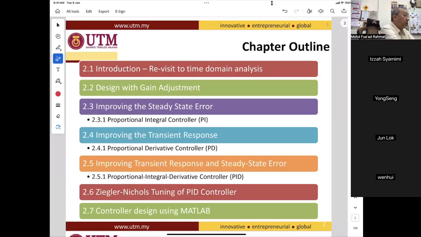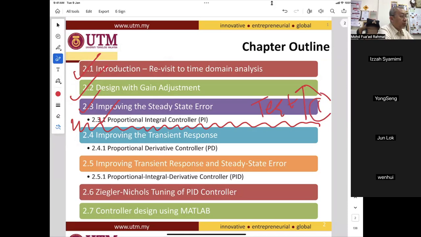So in this chapter 2, I will talk about some revisit to time domain analysis, design with gain adjustment, improving the steady state error, which is a PI controller. So this is the borderline for test 1. Okay, so until PI controller.